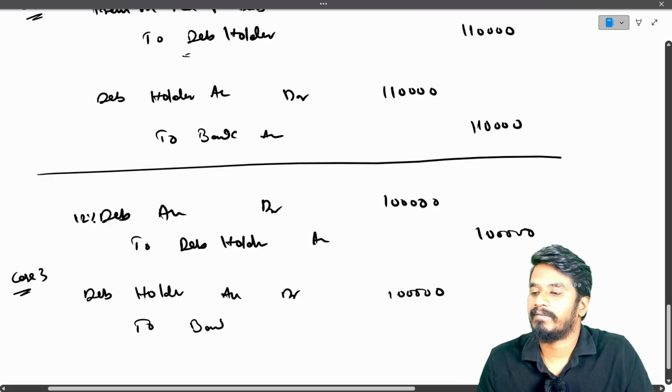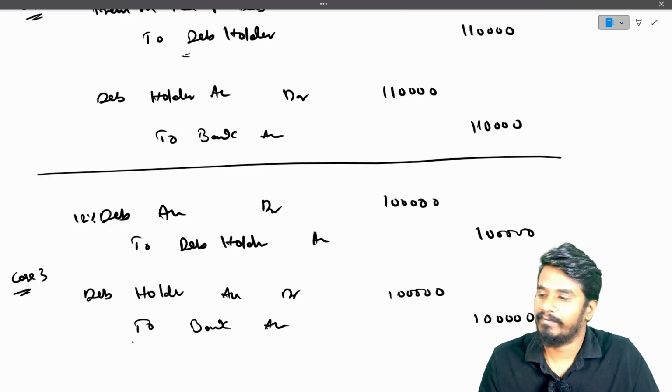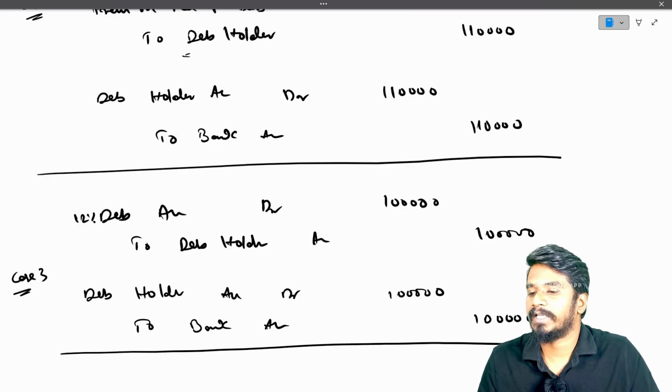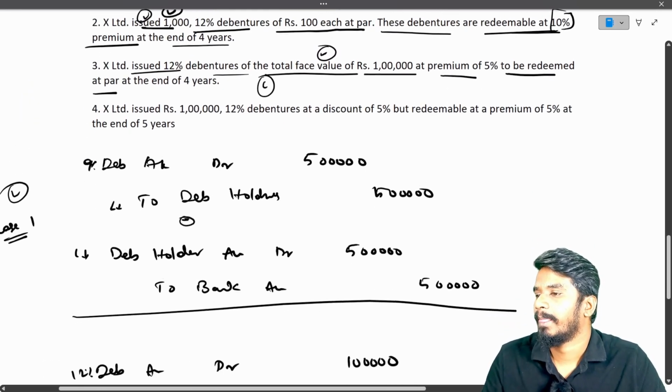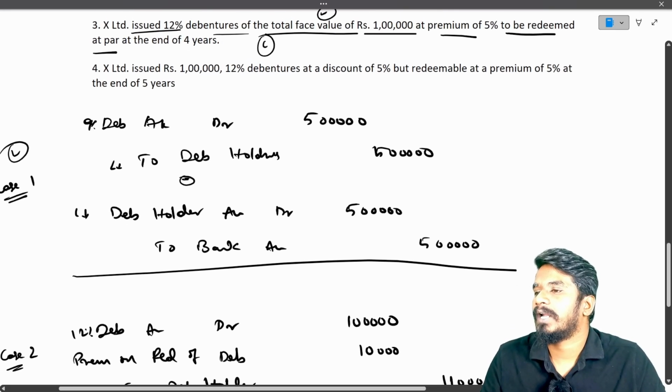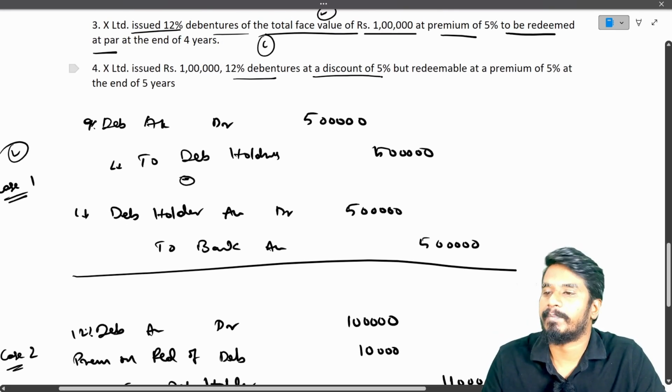From where we will pay? We will pay through bank account, 1 lakh rupees. Finished. Case 3. Did you understand? Yes, fine.